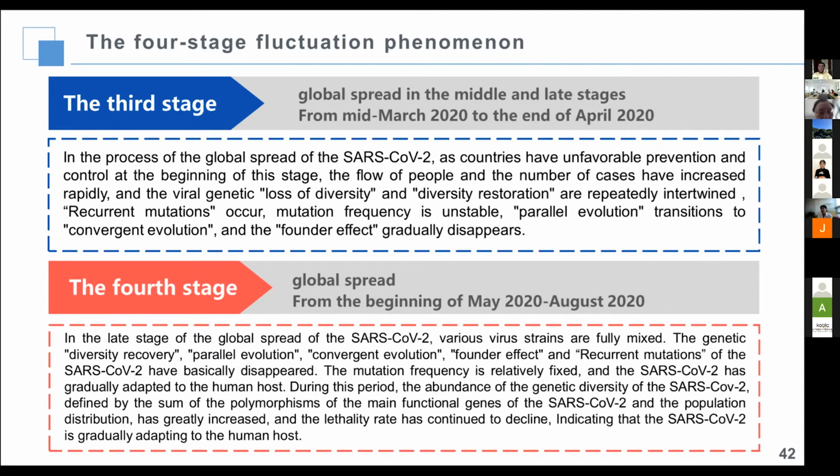The loss of viral genetic diversity and the restoration of diversity repeatedly intervened, recurrent mutation occurs, mutation frequency is unstable, parallel evolution transitions to convergent evolution, and the founder effect gradually disappears.